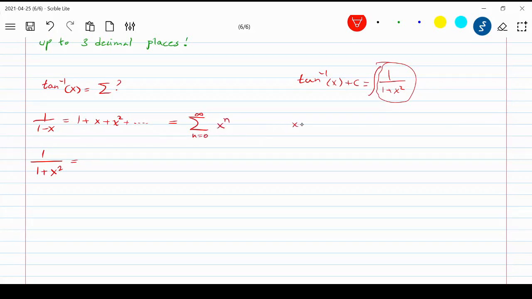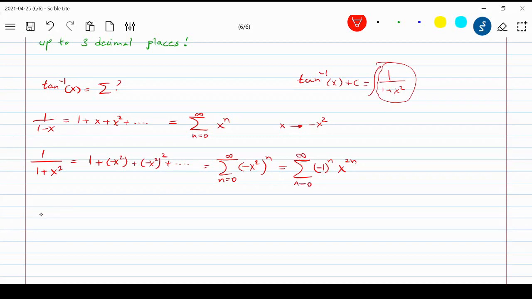So now if we change x to negative x squared everywhere, instead of the denominator being 1 minus x, you'll get 1 plus x squared. So you get 1 plus negative x squared plus negative x squared squared, and so on, which is exactly the same as the summation of negative x squared to the power n, n from 0 to infinity. You can simplify it as the summation of negative 1 to the n, then x to the power 2n, n from 0 to infinity.